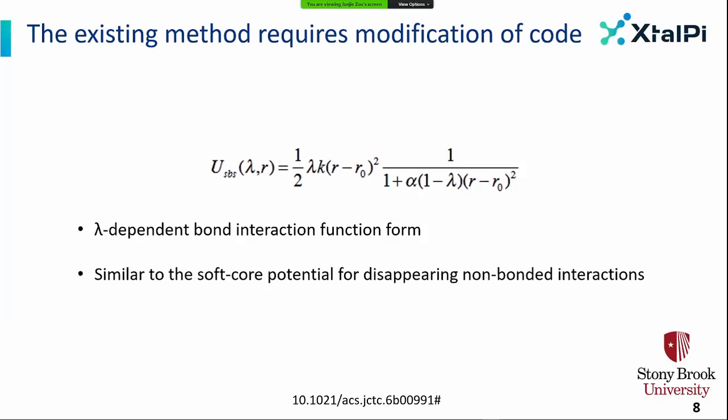But this functional form is not implemented in every software, and many software packages don't have it implemented. So to use the existing method, you need to have the specific software to do that. So for this practical reason, a novel method which does not require a lambda-dependent bond interaction functional form is desired.